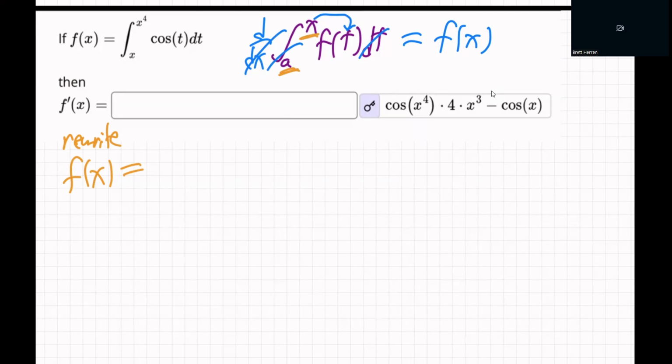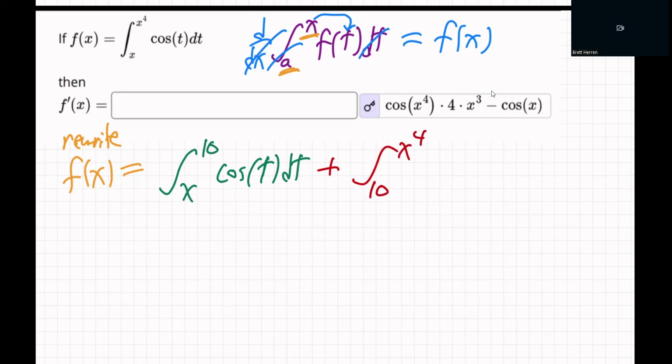Well, I'm going to say it's going to be the integral from x to 10, or any number you want, of cosine of t dt, plus the integral, then start at that 10 again and go to x to the fourth, your upper bound, of cosine of t dt.